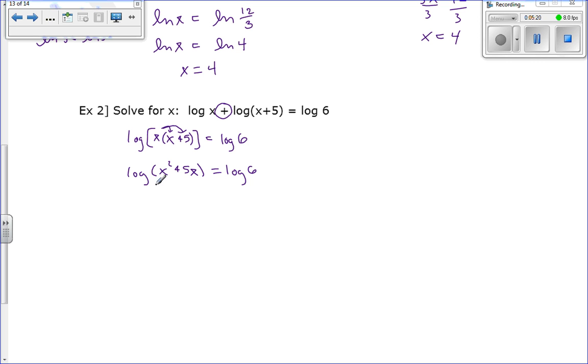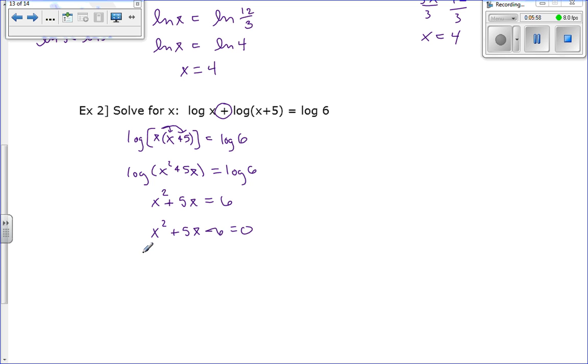Now I have two logs with the same base on either side of the equal sign. So I can just set my arguments equal to each other. So I have x squared plus 5x equals 6. Quadratic equation we have here, because we have the x squared, so we have to subtract 6 from both sides. So x squared plus 5x minus 6 equals 0.